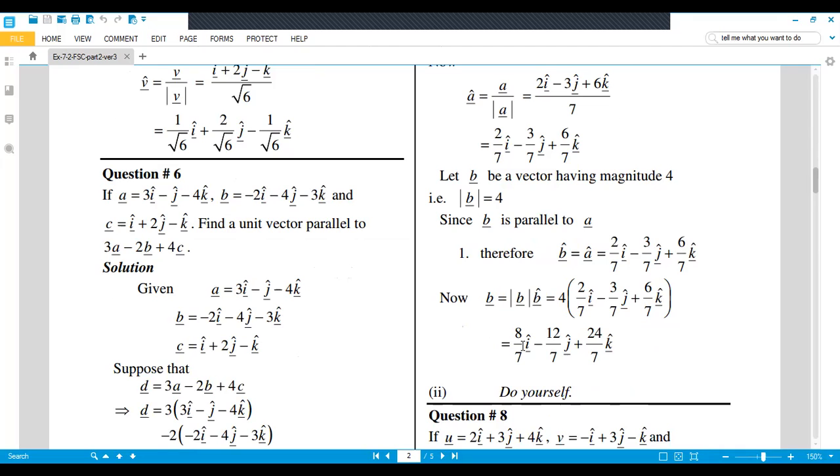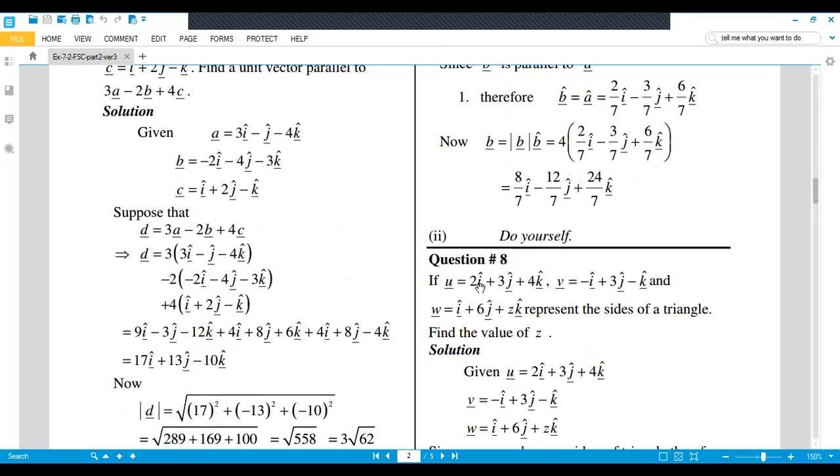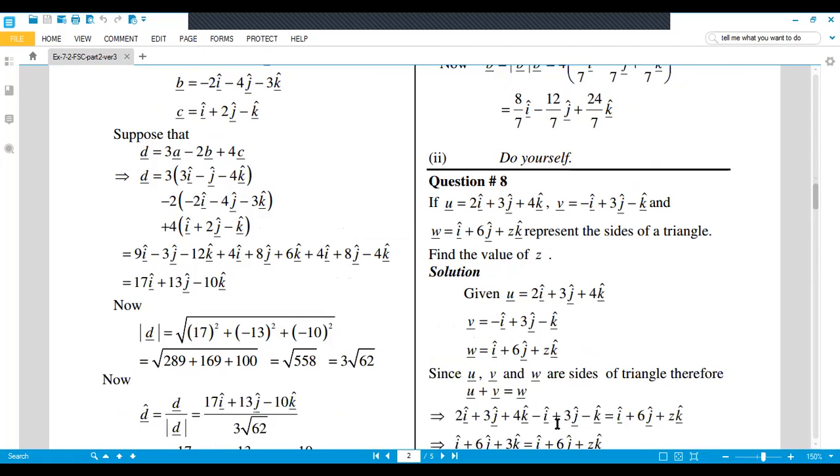Come to question number 8. In number 8, you are given u, v and w representing the sides of a triangle. Find the value of z. Since u, v and w are sides of a triangle, by the head to tail rule, u plus v is equal to w.